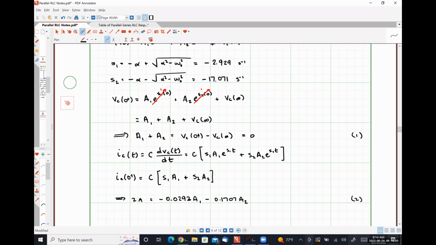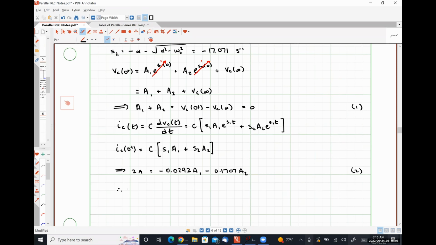I can solve the equation that I've designated as 1 and the equation that I've designated as 2 simultaneously and get values for A1 and A2. So I will do just that. Solving these equations simultaneously, I'm using my 2x2 system solver. My coefficient for A1 in my first equation is 1. My coefficient for A2 in my first equation is 1. My constant term is 0.